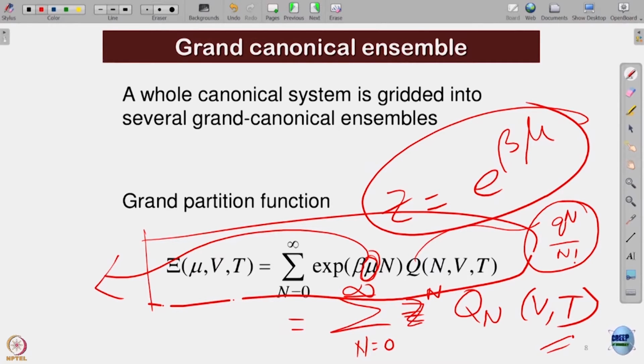Those of you who like mathematics can immediately see that this is something to the power N, and this is also something to the power N, where z is e to the power beta mu. So, z and q multiply to the power N and are divided by N factorial, and what does that remind you of? It becomes nothing but an exponential function, e to the power zq.